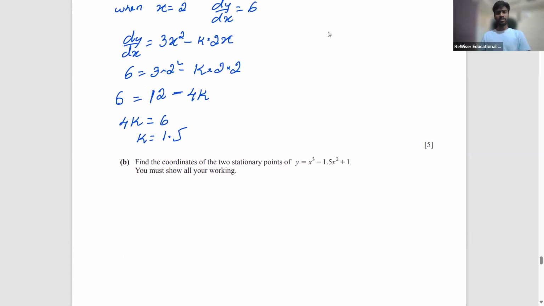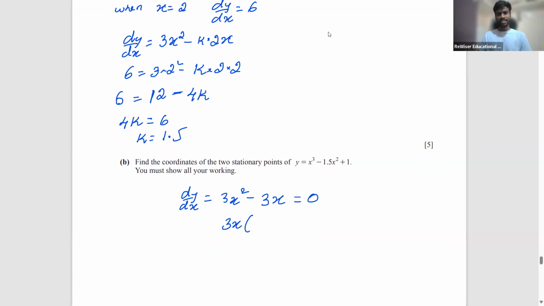And next, find the coordinates of the 2 stationary points. The stationary points are when the derivative is 0. So dy by dx is equal to 3 times x squared minus 2 times 1.5, which is 3 times x. This is the derivative. When I put it to 0, I can factor out x common.